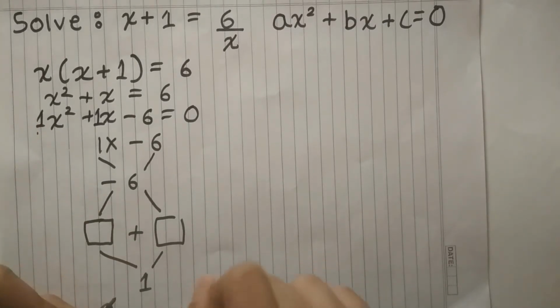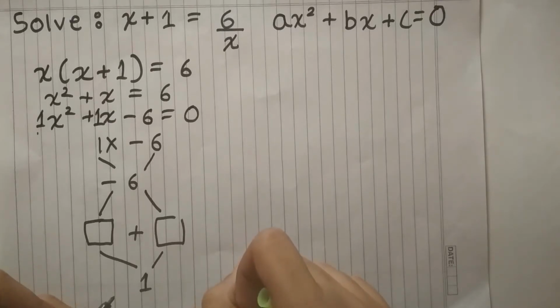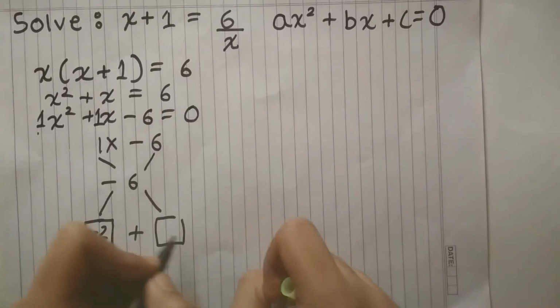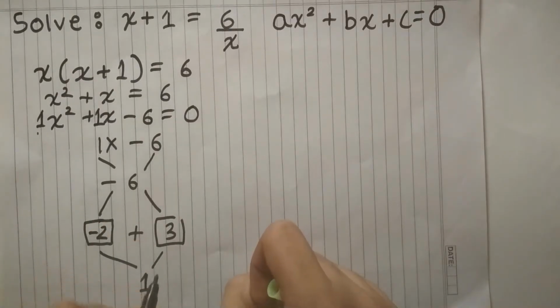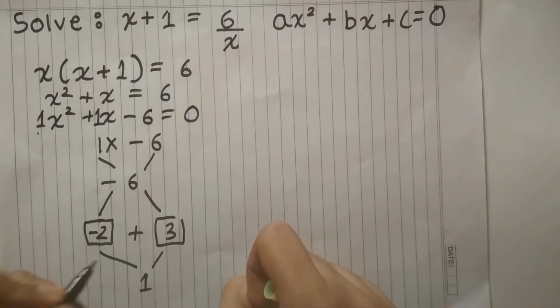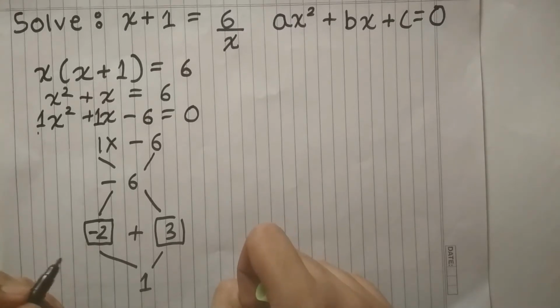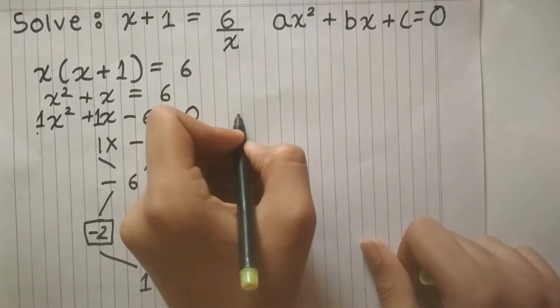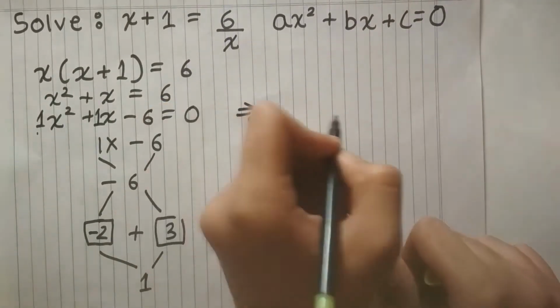So what are two factors of minus 6 whose sum will give us 1? So they can be minus 2 and 3, because minus 2 into 3 is minus 6 and minus 2 plus 3 is 1.